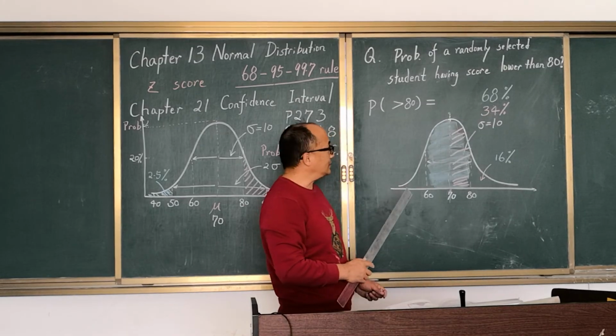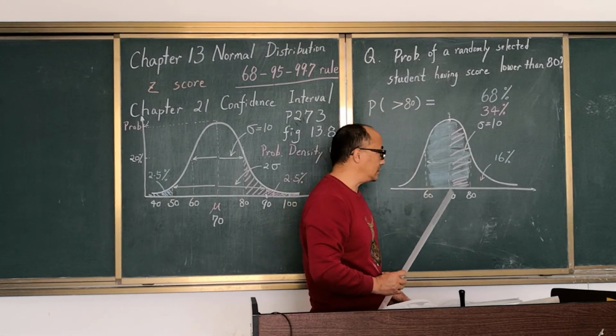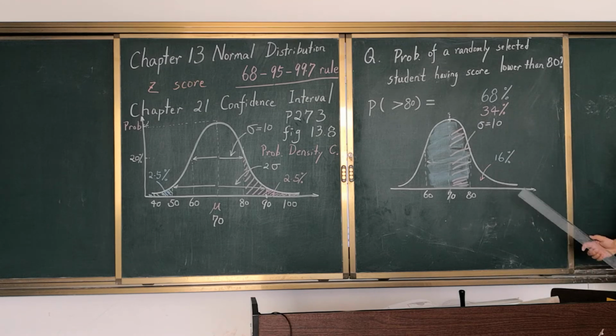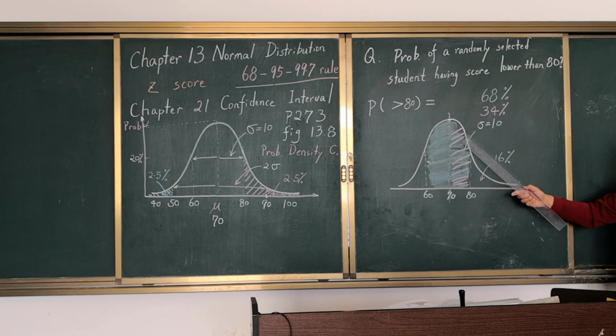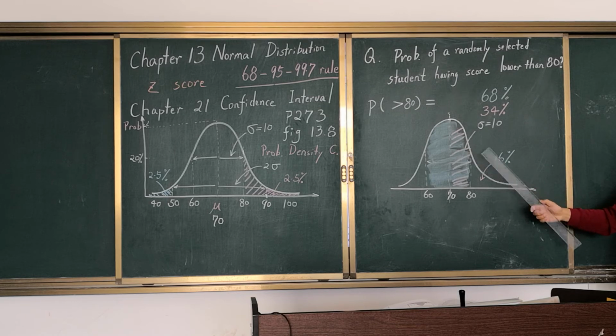Okay, it's symmetric. We try to utilize the symmetric. Okay, it's important in normal distribution. So the pink one is a half, so it's a 34%.